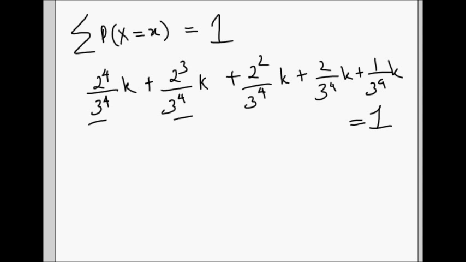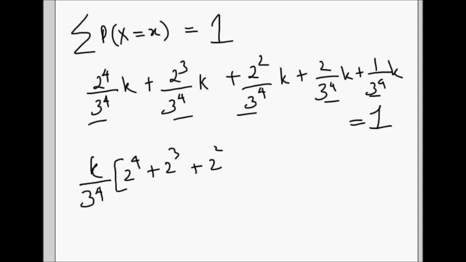So you can just add up all these things, which would be k over 3^4 times (2^4 + 2^3 + 2^2 + 2 + 1) equals 1, and you can find the value of k, right?